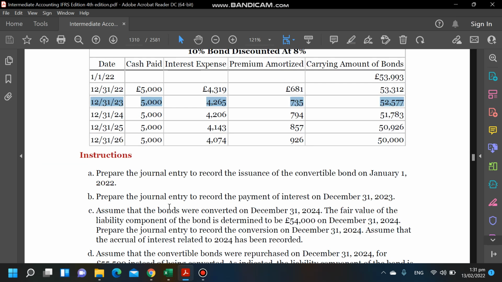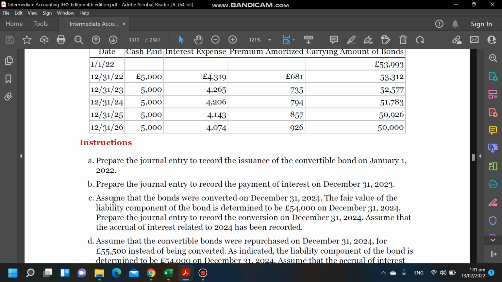And then C, assume that the bonds were converted on December 31st, 2024. The fair value of the liability component of the bond is determined to be £54,000 on December 31st, 2024. Prepare the journal entry to record the conversion on December 31st, 2024. Assume that the accrual of interest related to 2024 has been recorded.